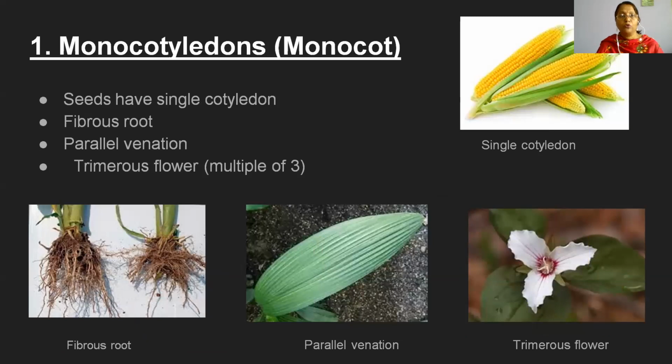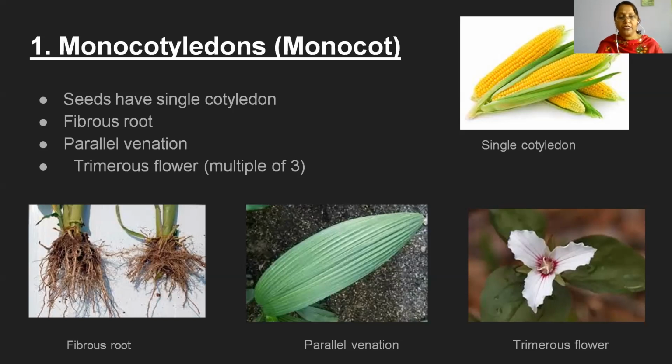Now mono means single and cotyledon means seed leaves. These are plants having seeds with a single cotyledon or single seed leaf, and they have a fibrous type of root. See the picture, it will be clear to you which type of structure is called the fibrous root.